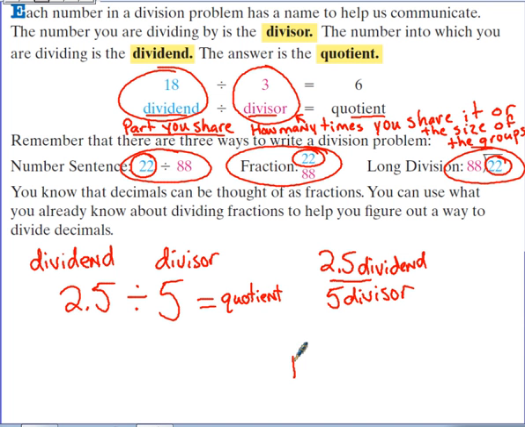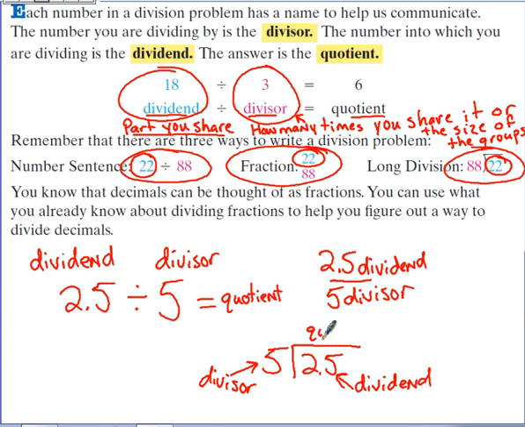Or as long division with the 2.5, the dividend, inside the box, and 5, the divisor, outside of the box. Where would my quotient be? Right here on top.